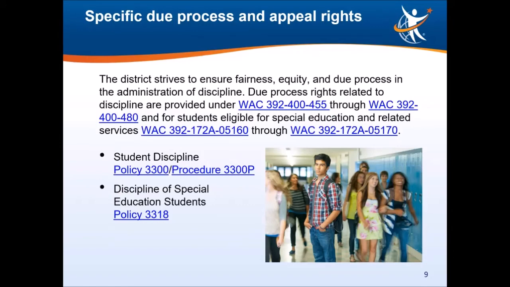Students' due process rights related to school discipline in the state of Washington are defined under the Washington Administrative Code 392-400-455 through 480, and are the foundation for Policy and Procedure 3300 in the Everett School District.